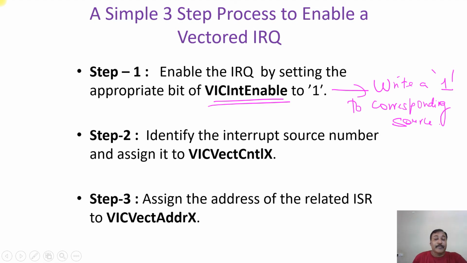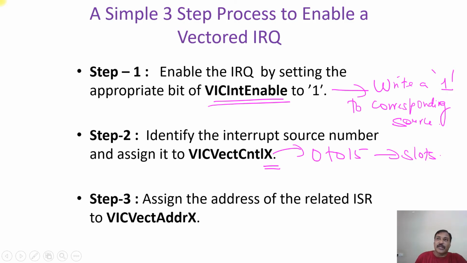Second one, you have to assign a particular interrupt to an interrupt slot. So which slot you are interested in, you can use that particular slot's control register. X here ranges from 0 to 15 because we have 16 slots.